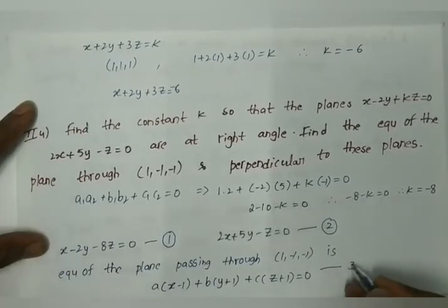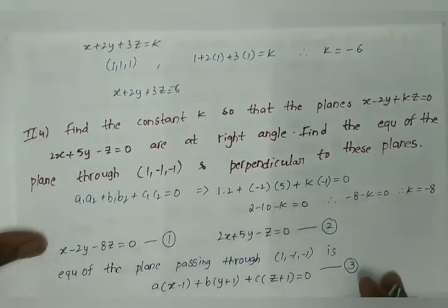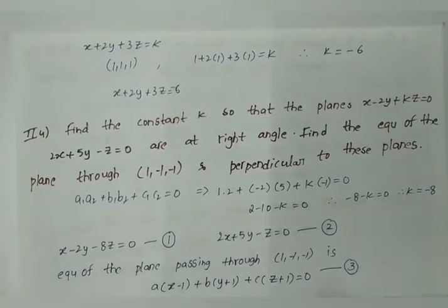Let us name this equation 3. Students, if you observe, this plane, plane 3, is perpendicular to both the planes 1 and 2.